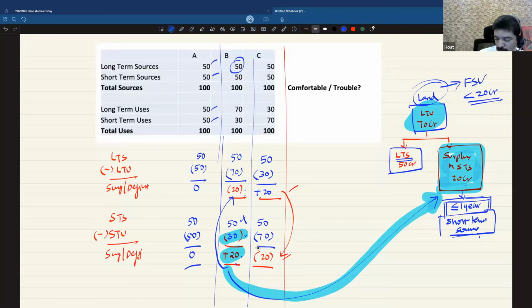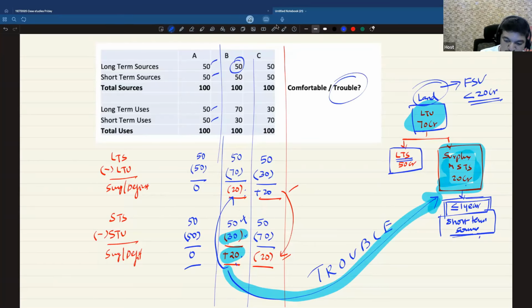They will demand full repayment. And if you are unable to make full repayment, then you are going to land in big trouble. Are you getting me? So this is the reason I said this is a risky or troublesome situation. Okay. And are you getting this picture?